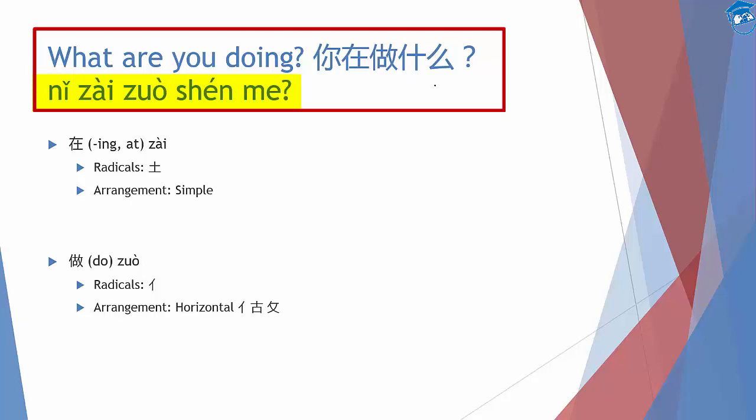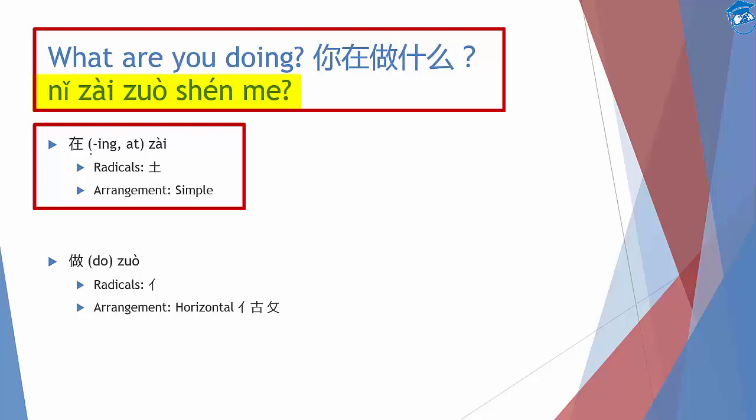So hopefully the answers you get from the Mandarin speaker are serious and honest ones. Don't get pranked. So choose your friends wisely. You have 2 new words here. One is this one and the other is this one. So let's look at the word 在. Okay, 在. It gives the verb the attribution of continuous action.